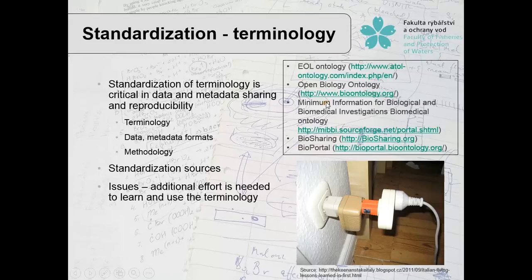So if you are interested in whether some standardization or terminology exists in your field, you can simply go to these web links and check if something exists. Our system can support the terminology from these portals, and on Friday, we will show you how it can be done.